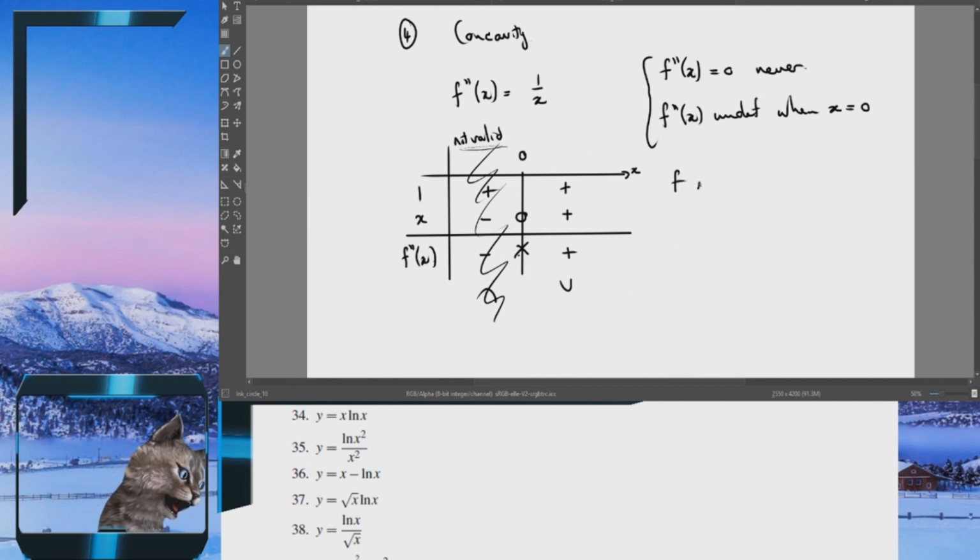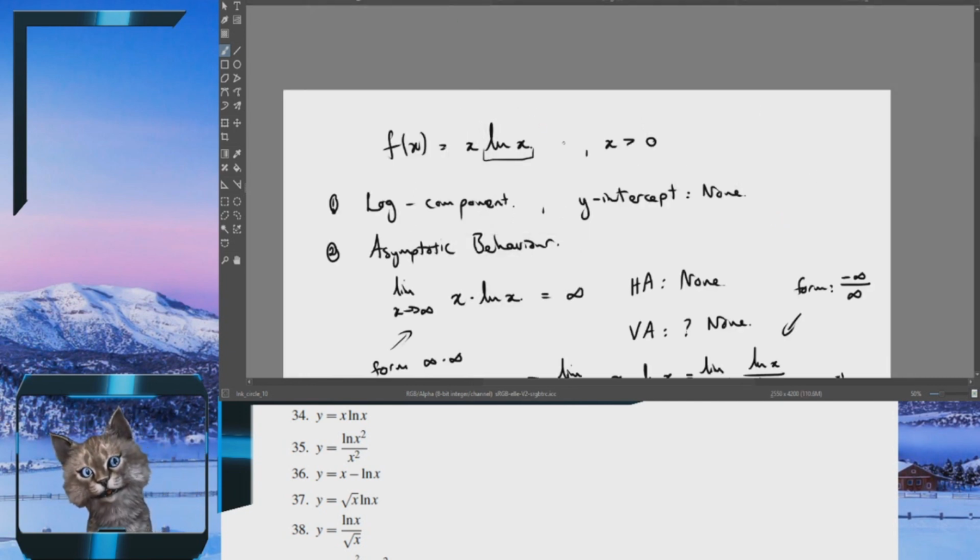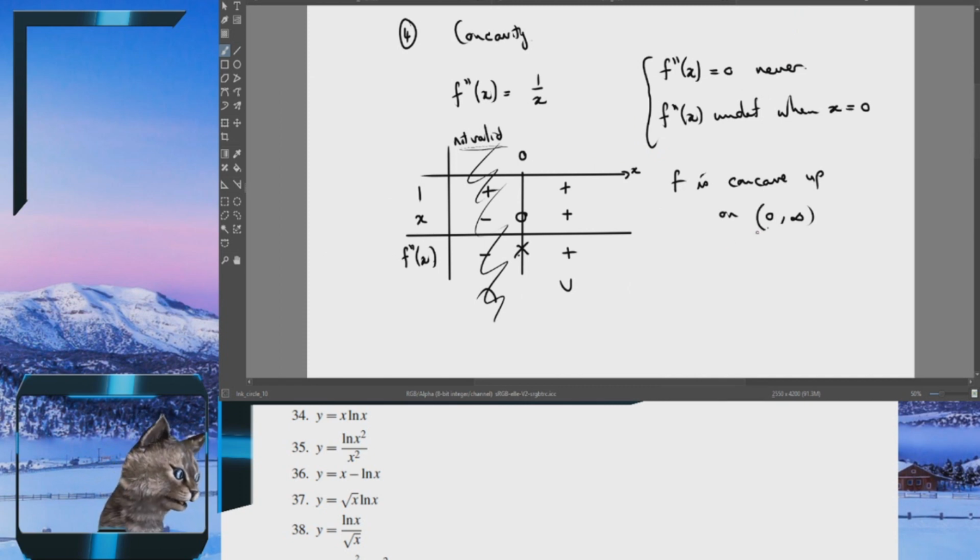So we'll say f is concave up on 0 to infinity. Do I include 0? No. It's not defined at 0. Is this an inflection point? No, for multiple reasons. It's not a point.